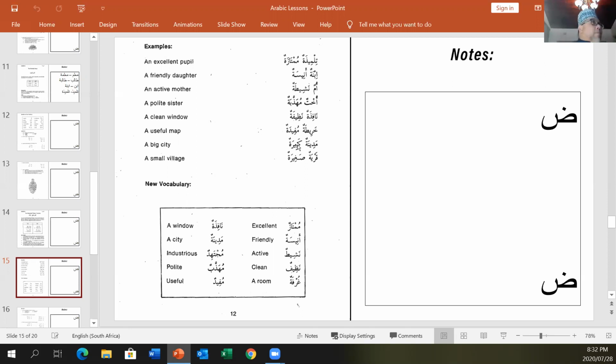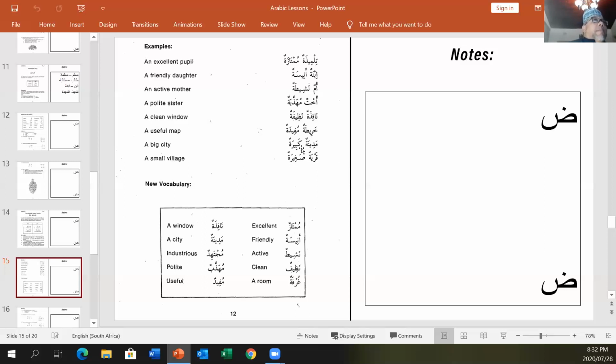The ta marbuta is also connected to it, because that means the city of enlightenment. When we make a reference to the city of Medina, it is Madinatul Munawwara. So you can see there that also becomes famous.